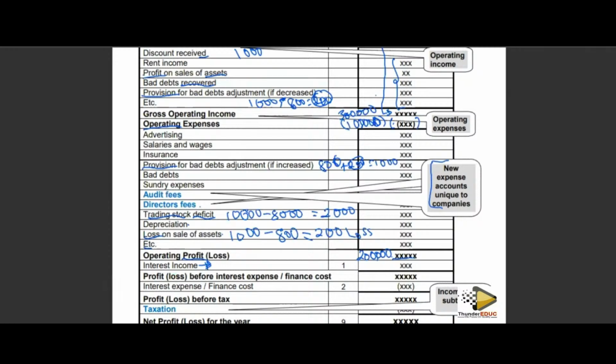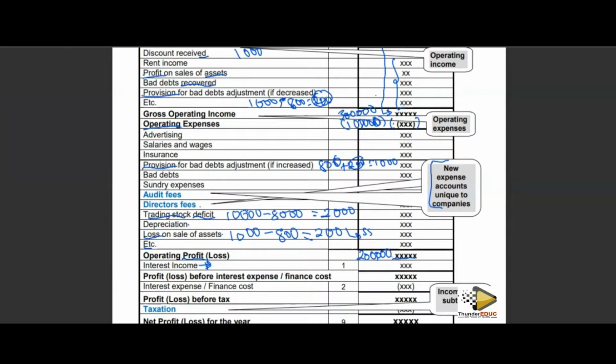So the interest income, we shall add it to our operating profit. Then we determine the operating profit or loss before interest expense or finance cost.